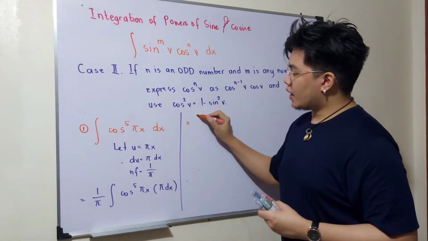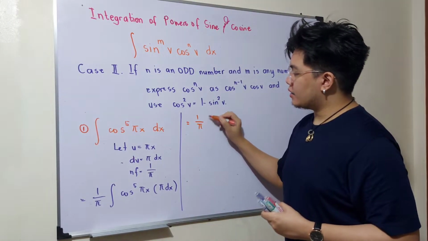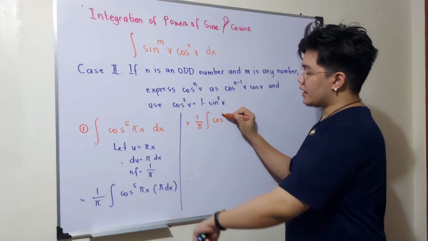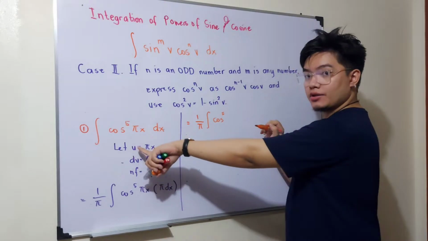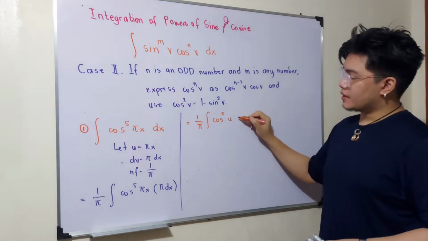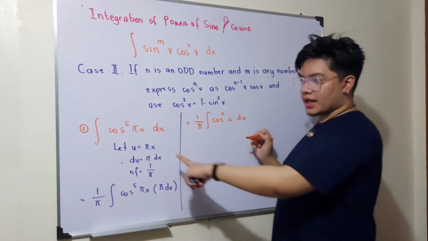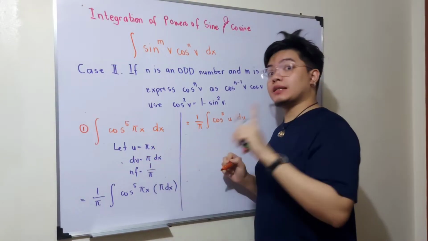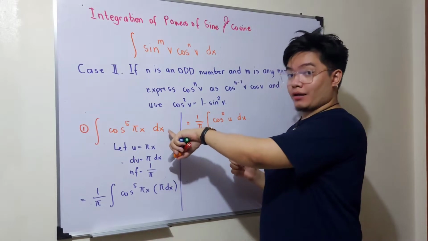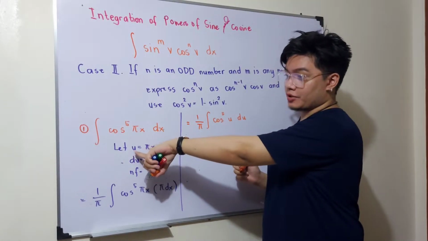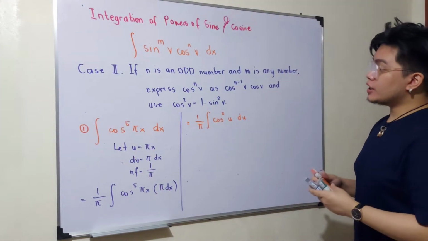So magiging 1 over pi times the integral of cosine raised to 5 u, and then we have here du. Actually guys, kahit anong variable yung gamitin nyo, basta wag lang x. Siyempre, x na yung ating variable of integration. X pa gagamitin mo dito. Hindi pwede yun.